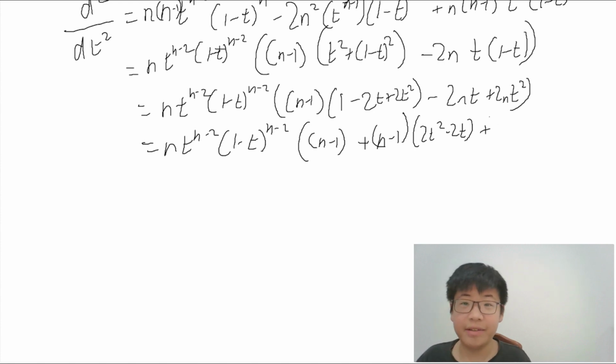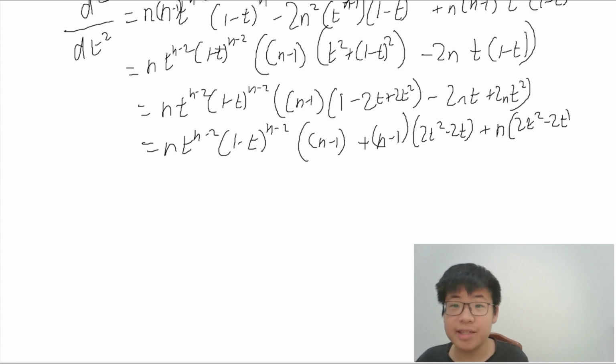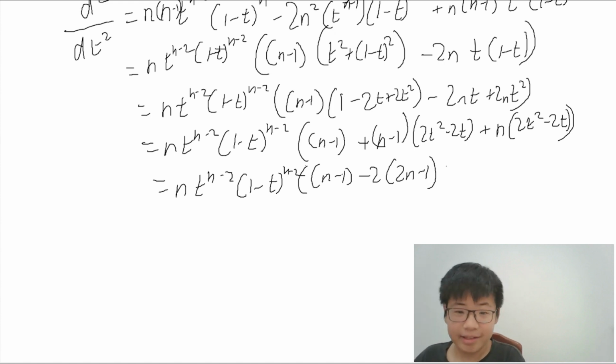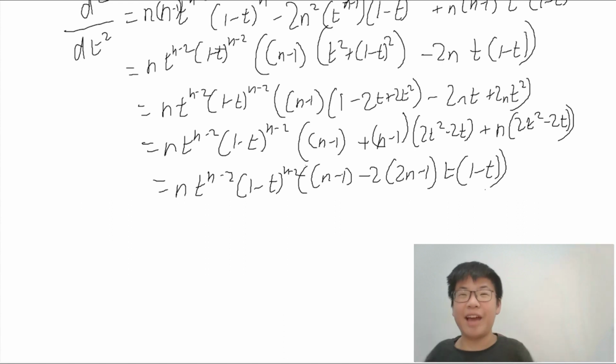Instead of having an n minus 1, we have an n, 2t squared minus 2t. So we can actually simplify that term to become, we'll see later, n minus 1 minus 2, 2n minus 1, since we added, and then t(1 minus t). And effectively, we have solved everything.